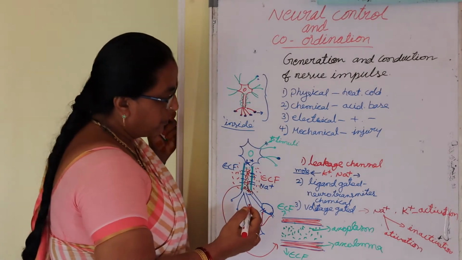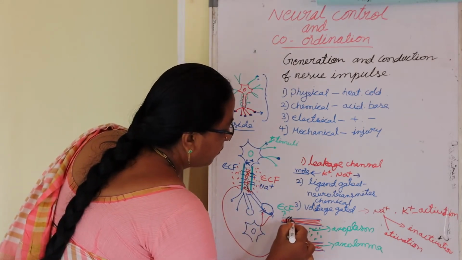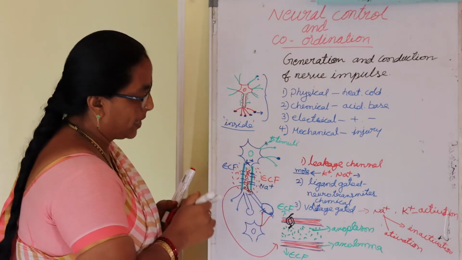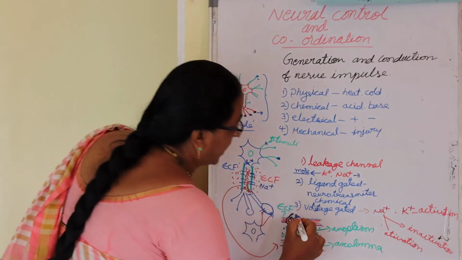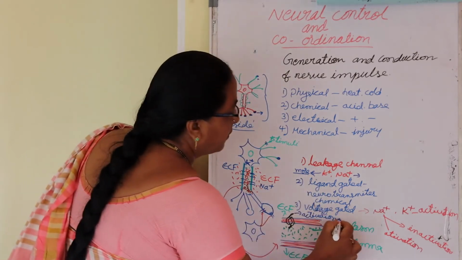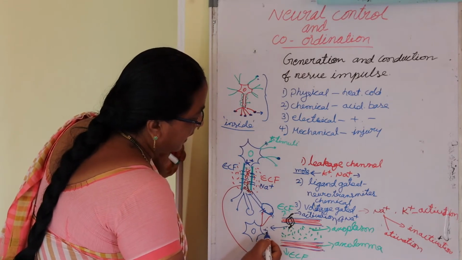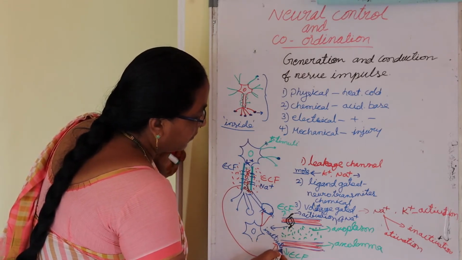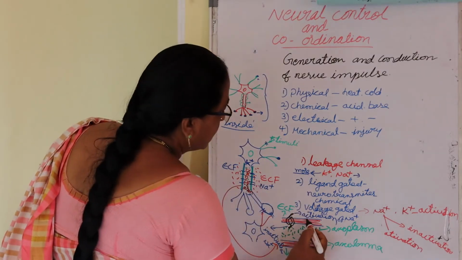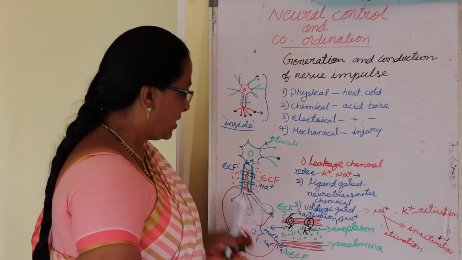Now I will tell you, here there is the Na plus channel, outside of this axolemma, on the extracellular fluid side, this is the activation channel of Na plus, and inside, this is the inactivation of the Na plus channel, and here it is one more channel, that is K plus, only an activation channel.